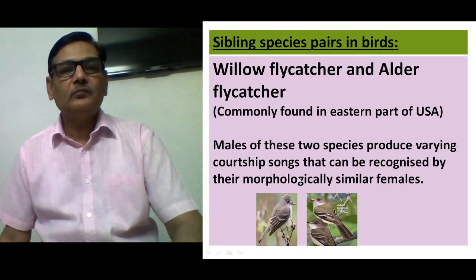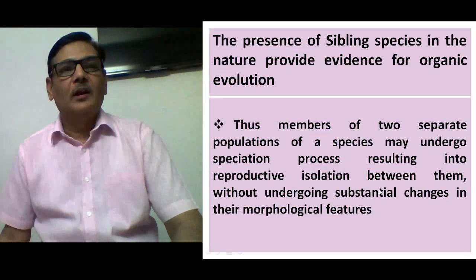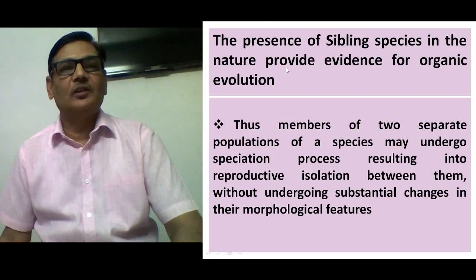But their females are capable of identifying males of their own kind based on their courtship songs. So you can say that at some level, reproductive isolation gets established between the two species, and that makes them different.